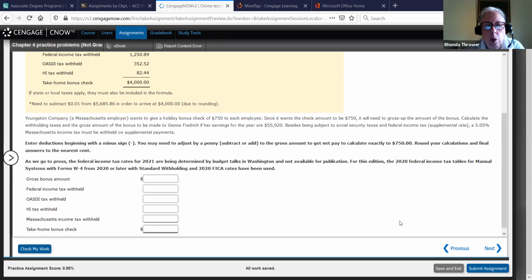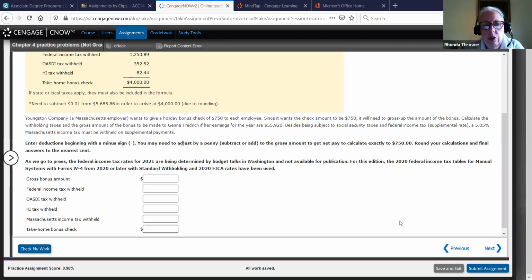So the hardest part is figuring out what the applicable tax rates are. What I've done is I've shown you individually what the applicable tax rates are, and all you have to do is add them together.